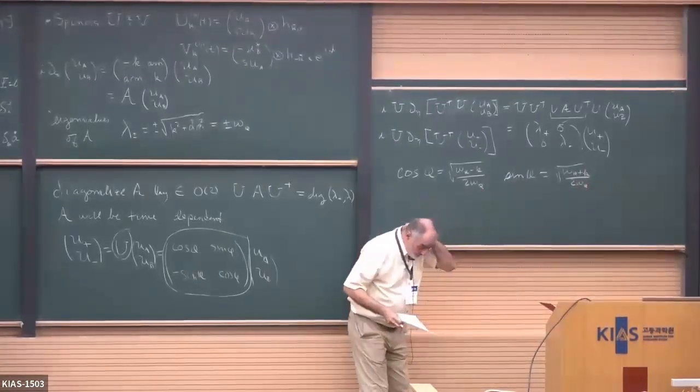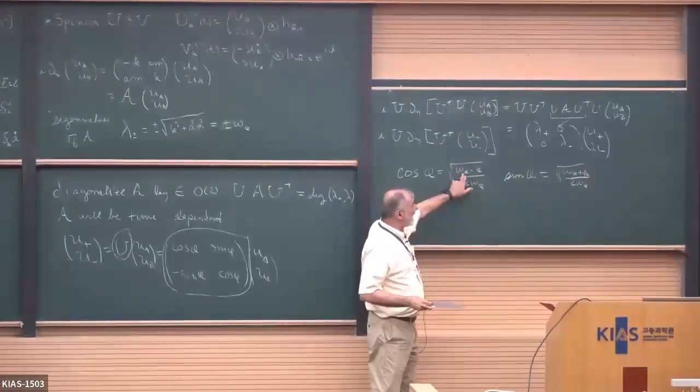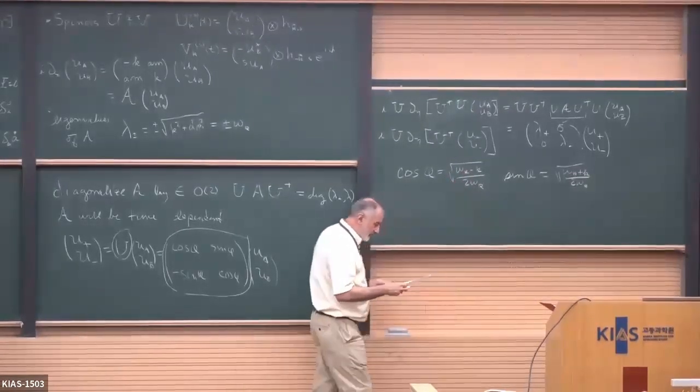And the difference from Minkowski space is that omega k is now time dependent.